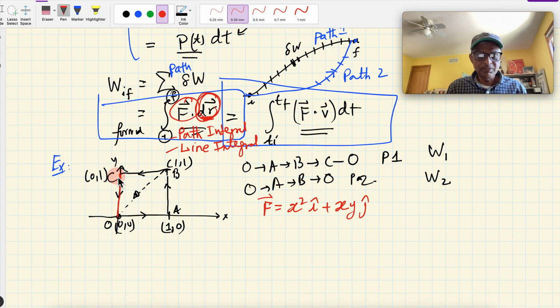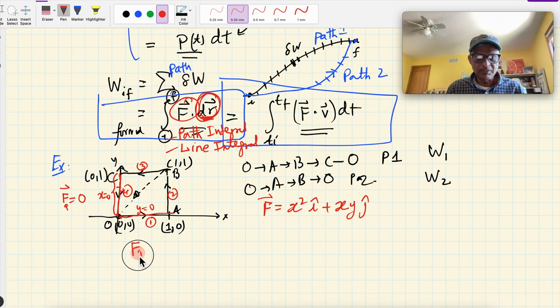So on this path, no matter where you are, let's call the segments 1, 2, 3, 4. F on 4 is just 0 because x equals 0, and on 1, y equals 0. So F on 1 will have no j term, so this is just x squared i hat.